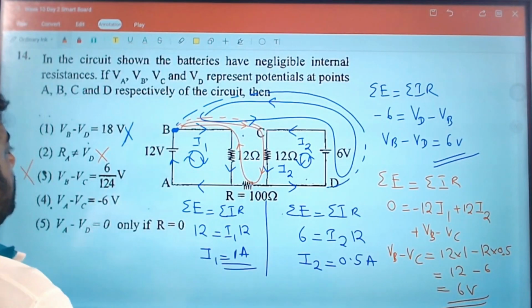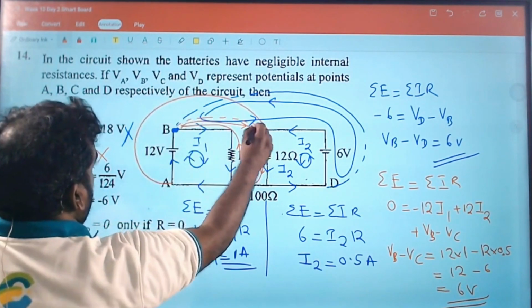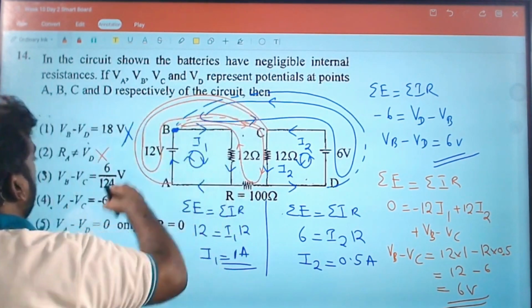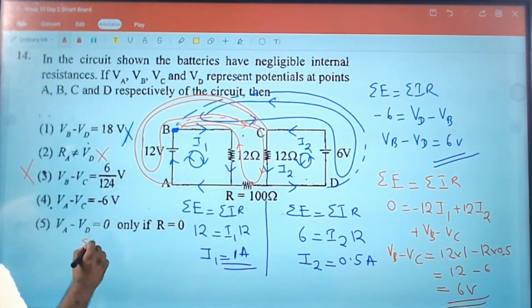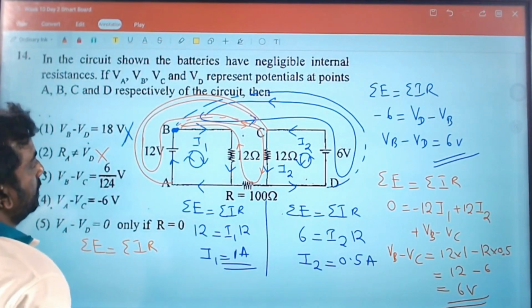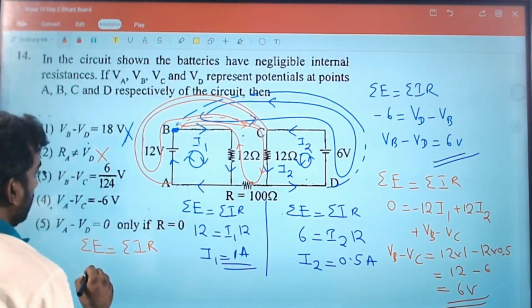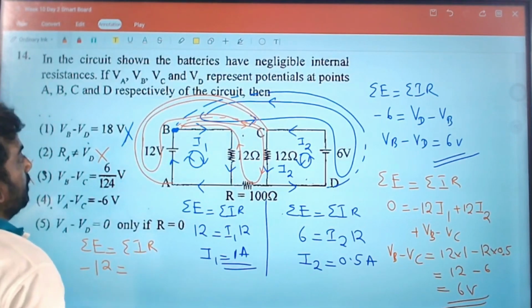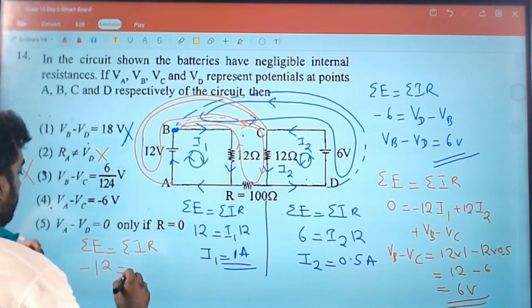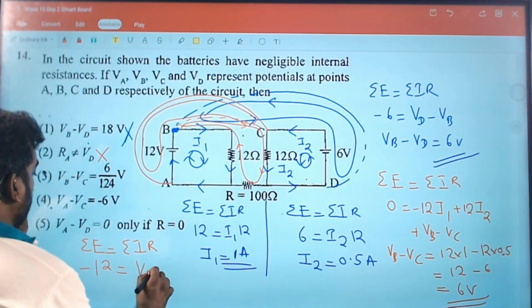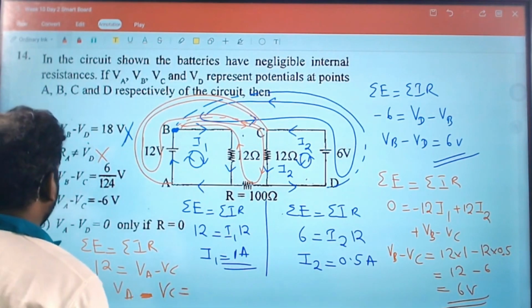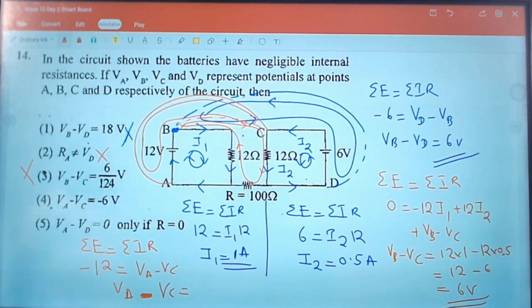VAC. Sum of EMFs, sum of potential differences. Well, loop direction, current direction. VA minus VC is minus 6 volt.